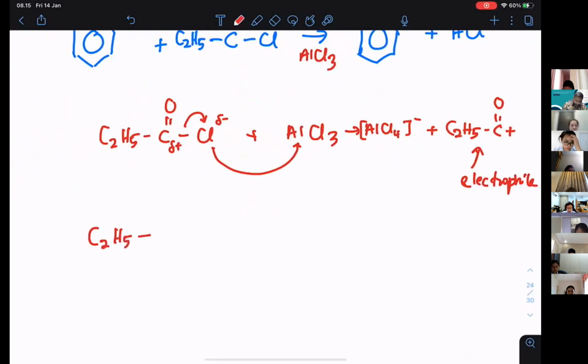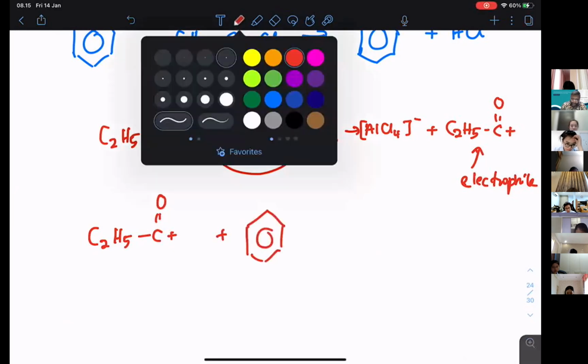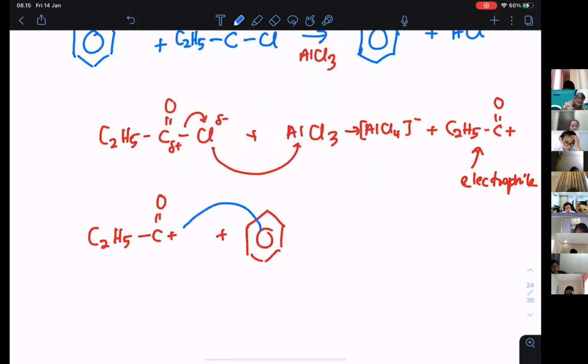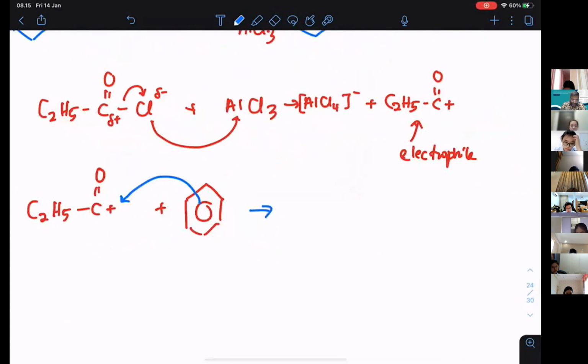C2H5, C double bond O plus, and let's say I have the benzene over here. So I am going to draw, this one will go over here. You are going to get, the two electrons will go, so you will have something like this. The H will be there, and then you'll have C double bond O, C2H5.